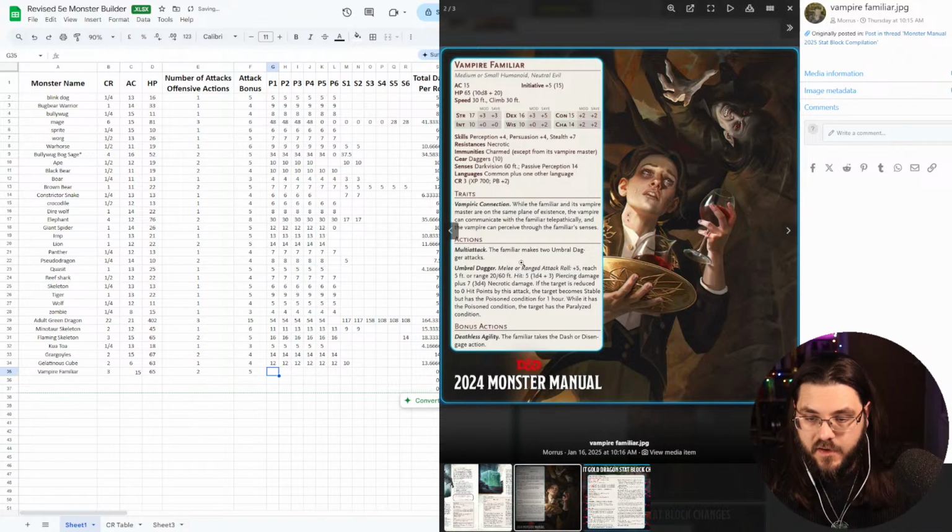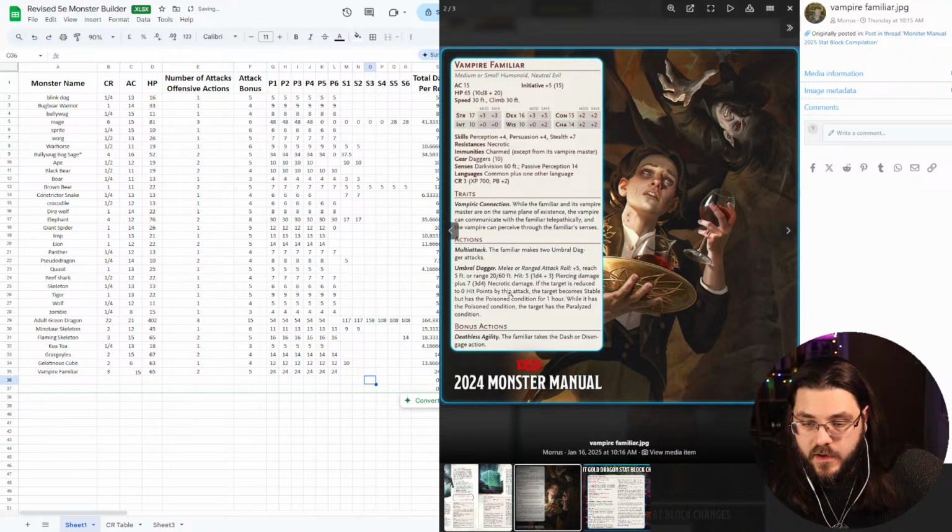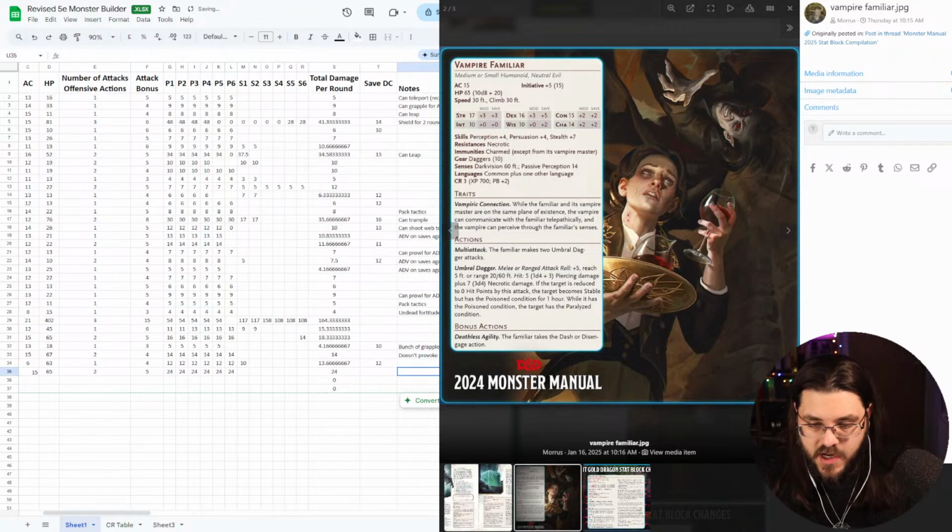And then they are 5 plus 7, so 12 points of damage, so it's 24 per round. If target is reduced to 0 hit points by this attack, they become stable, but poisoned. While they're poisoned, they are paralyzed. And then they can dash and disengage for free. Nimble escape.